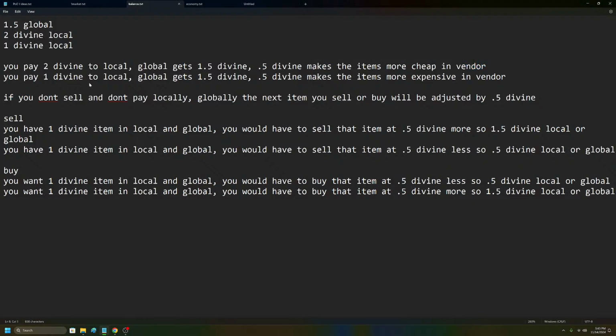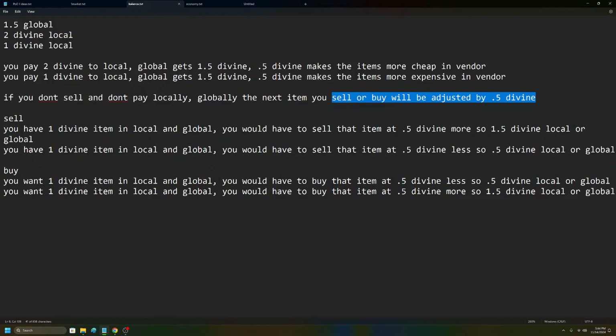And let's say that they don't sell or pay at the local vendor. Let's say they do another global market trade, or like another player trade. The next item they sell or buy is going to be adjusted by 0.5 divine. It doesn't mean that that other player gets 0.5 divine. It means that their local vendor gets the 0.5 divine.